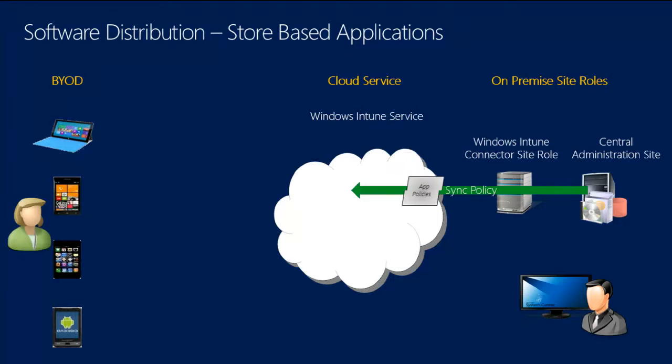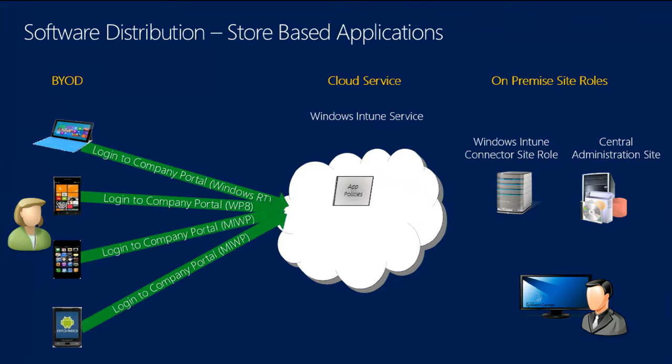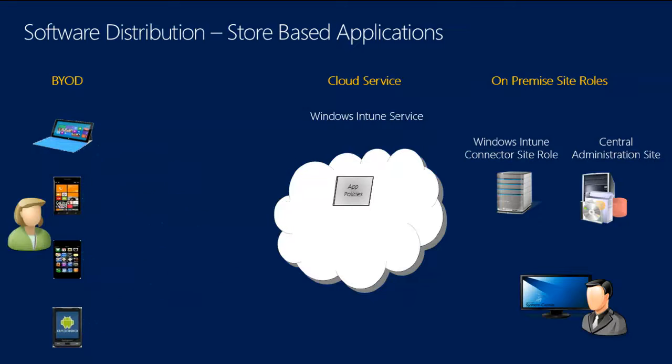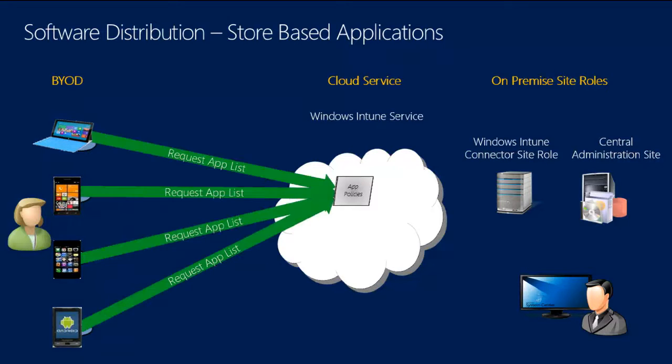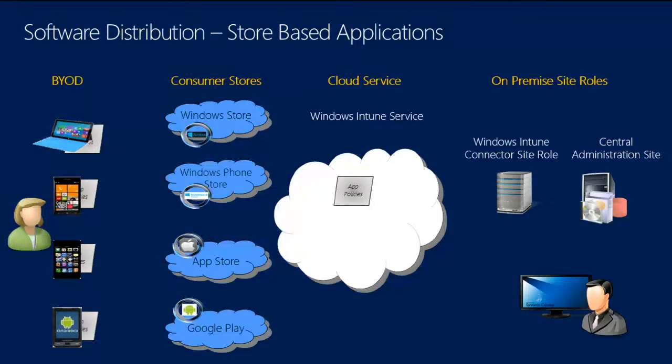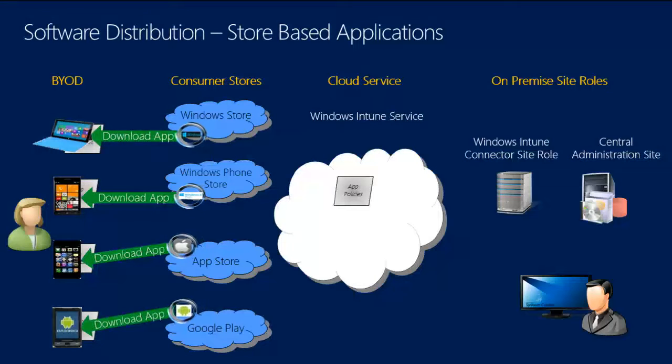The synchronization of policy between your on-prem config manager and Intune works in exactly the same way. They're just application policies. But once the users log on to their self-service portals, they'll be able to see links which take them to the individual stores that you've provisioned the links from. So you'd see a Windows Store link on Windows RT, and so on and so forth. The users can then click on the app, and then they're taken to the store. They do need a store account, but they're able to download and install the app from there.